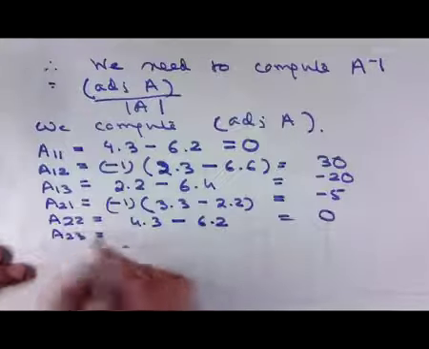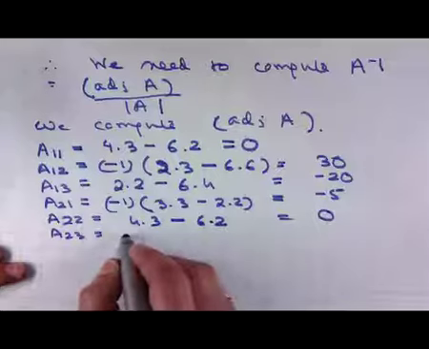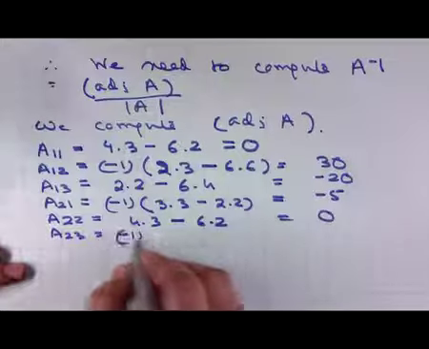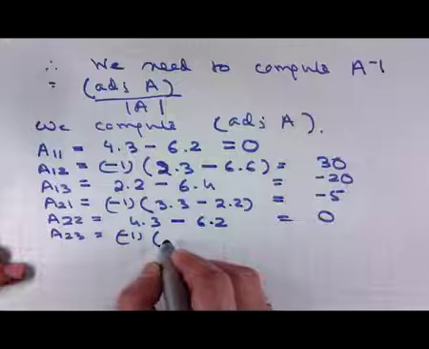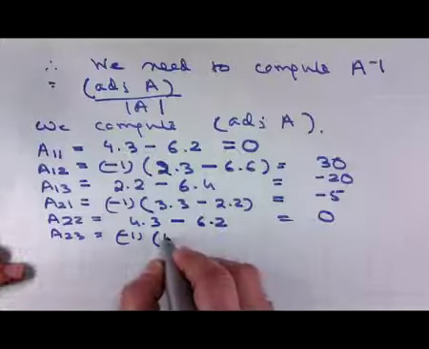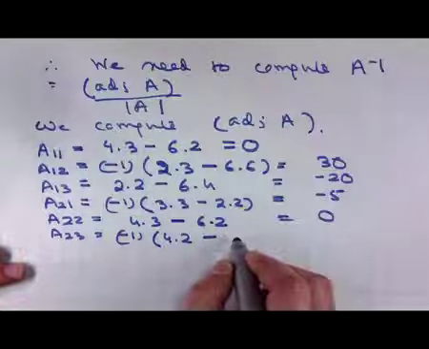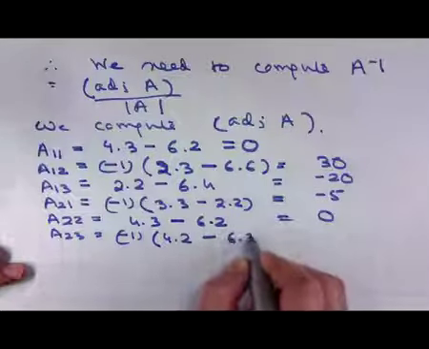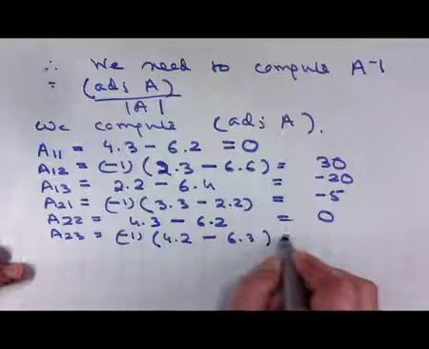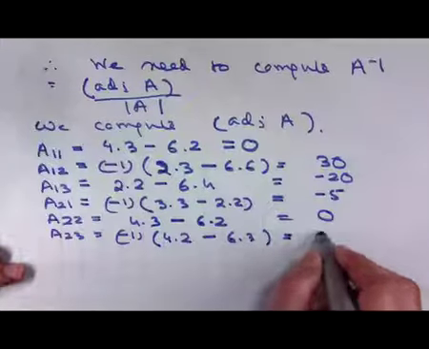A23 is equal to minus 1 into (4 into 2 minus 6 into 3), which is plus 10.